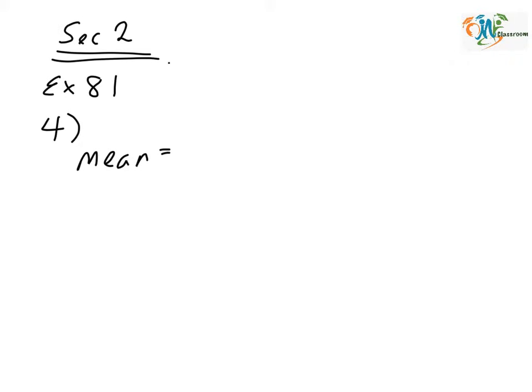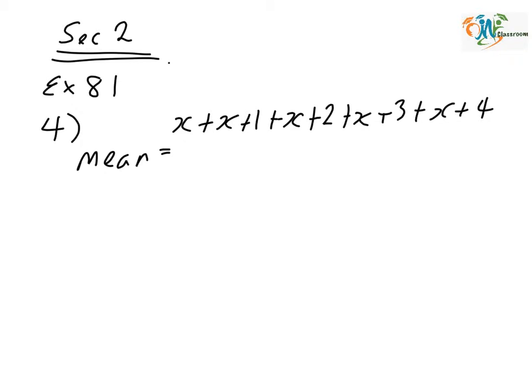is equal to, you add up everything, so it will be x plus 1 plus x plus 2 plus x plus 3 plus x plus 4, then plus x plus 5, everything divided by how many?